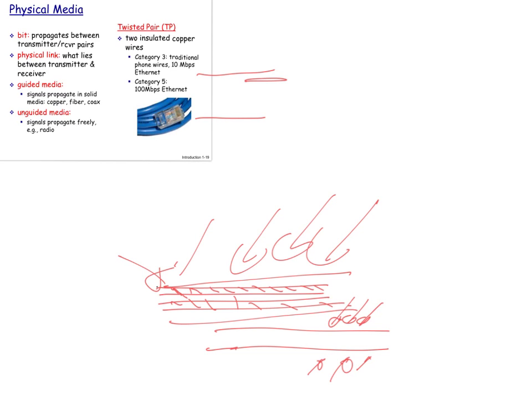Why am I saying that? Because depending on the physical medium, sometimes you are restricted to use a baseband signal or digital signal, or a broadband signal or analog signal. For example, one example that we talked about, DSL.